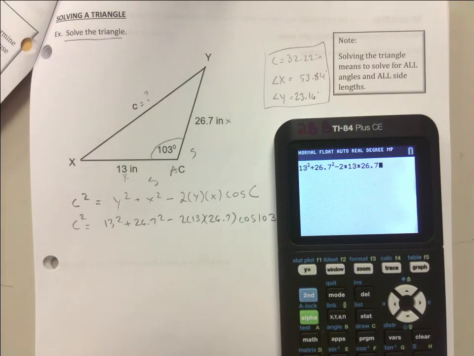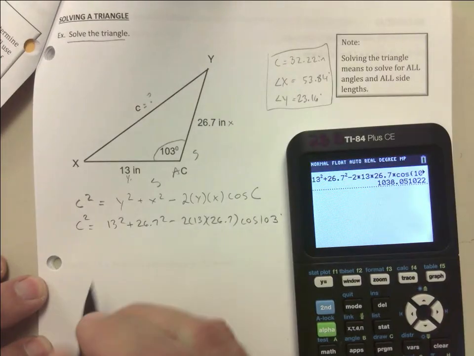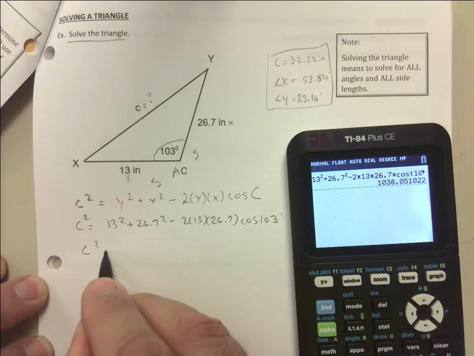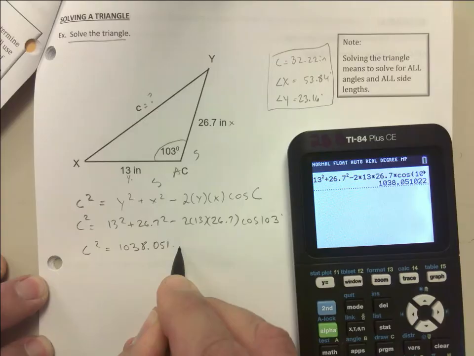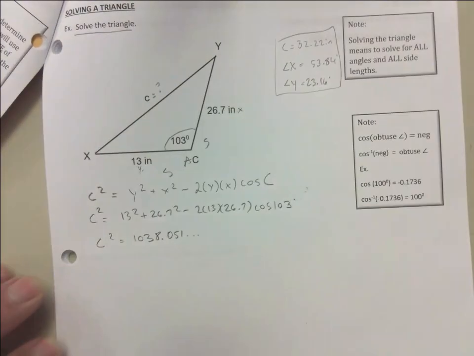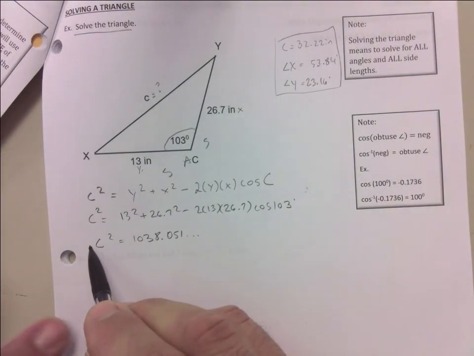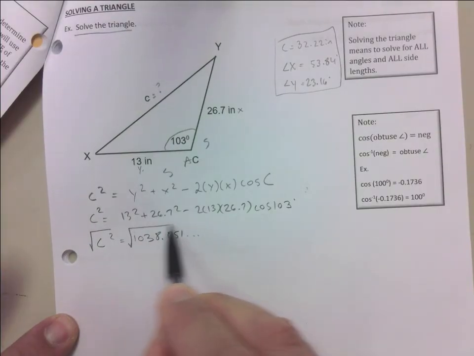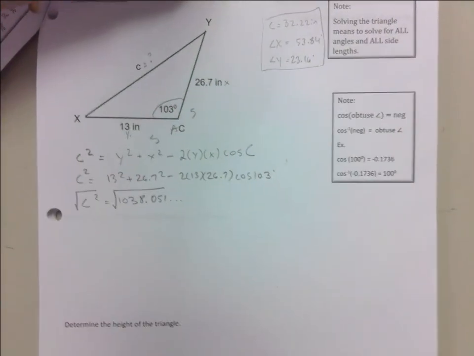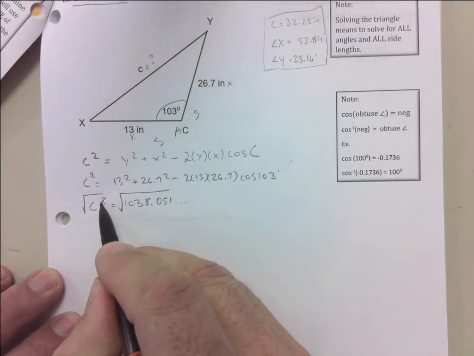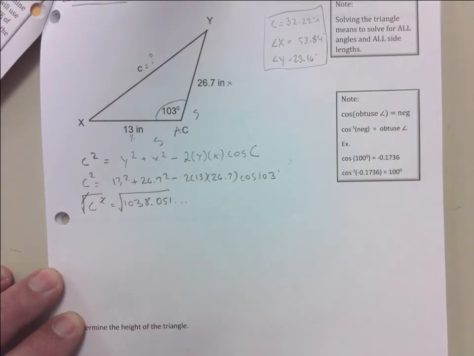And there's one more item that I need to discuss before we move on. So c squared is 1038.051 something. At that point, one way of showing the work is you take the square root of both sides. That's really what's happening, and so that square cancels with the square root.